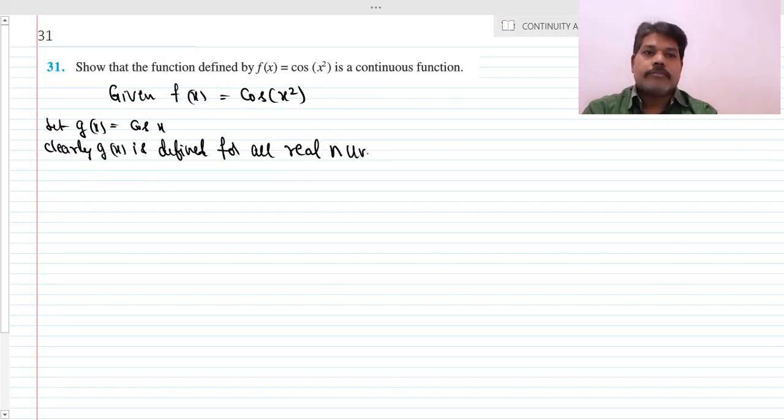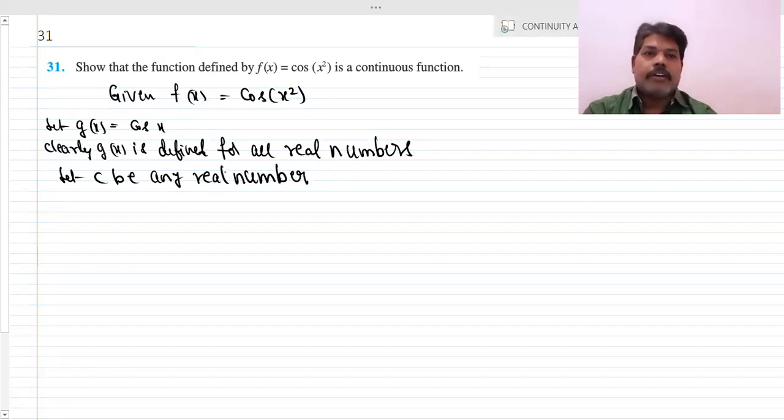Let c be any real number. Then f of c is equal to cos c.